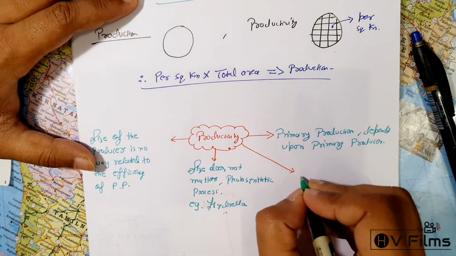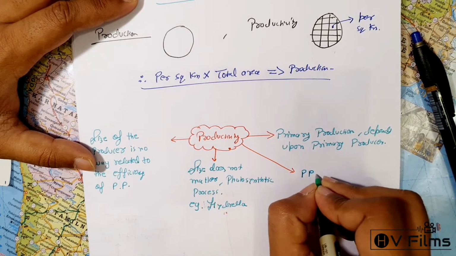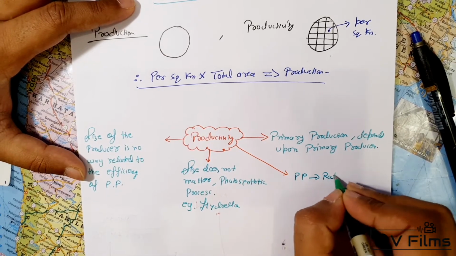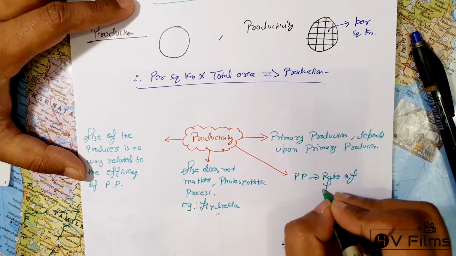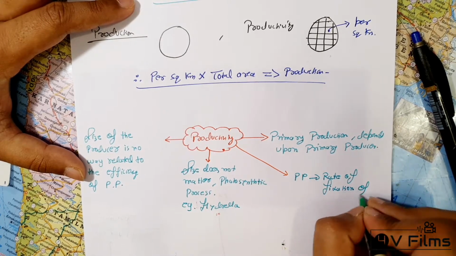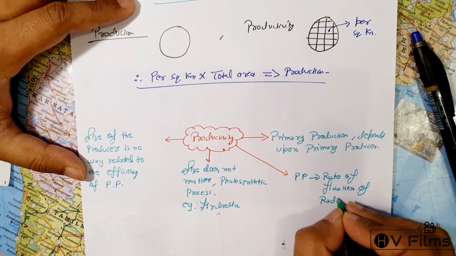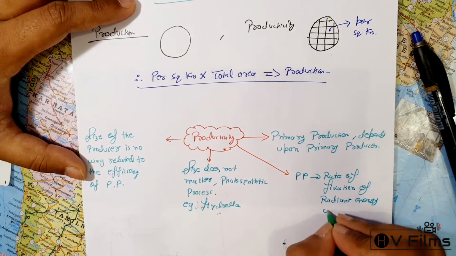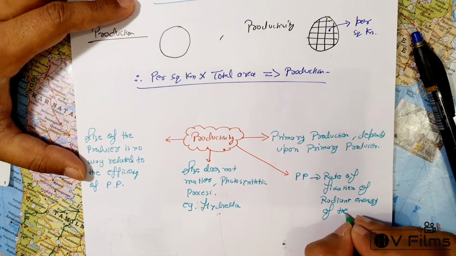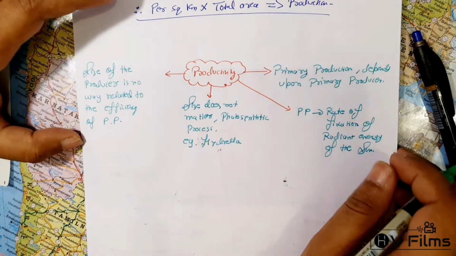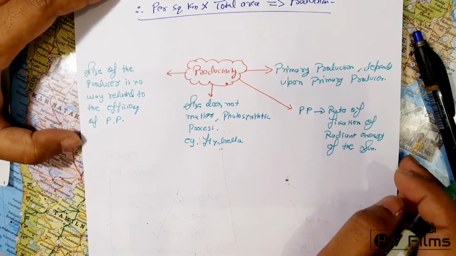That the primary productivity is basically the rate of fixation of radiant energy of the sun. So these are the main 4 points which define the productivity of an ecosystem.